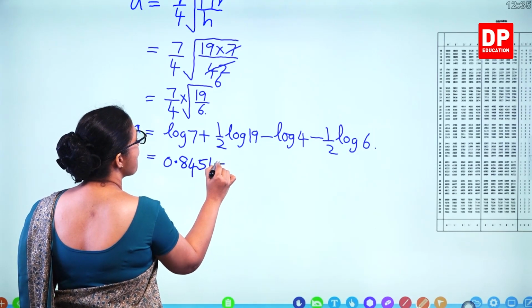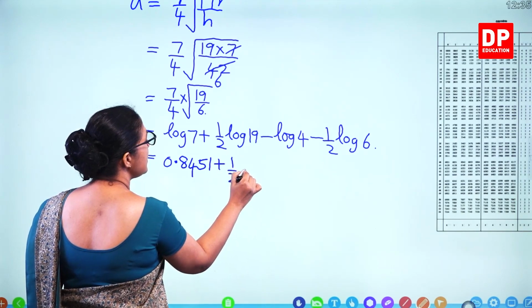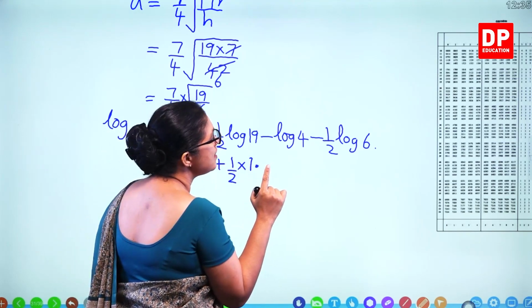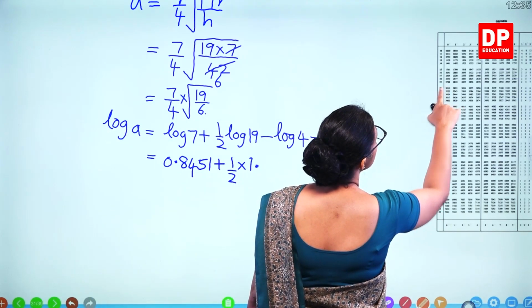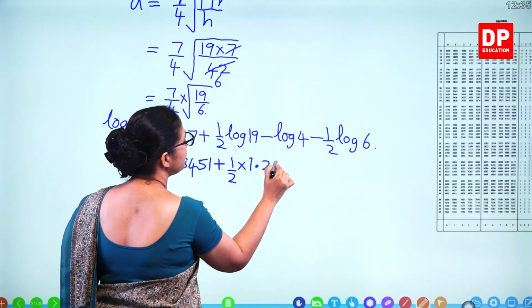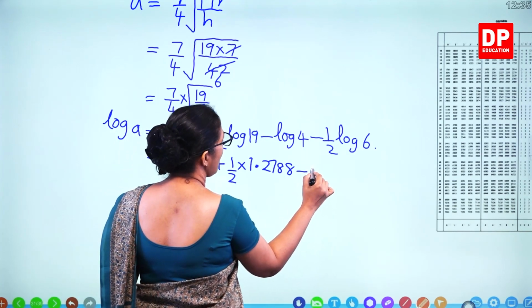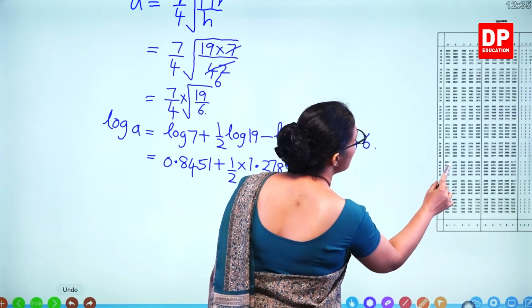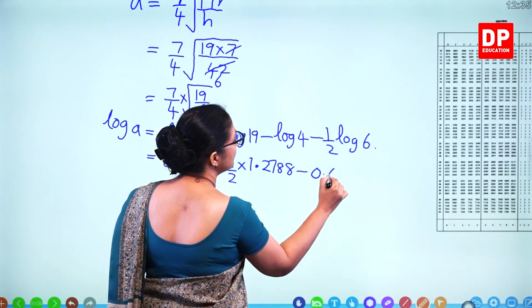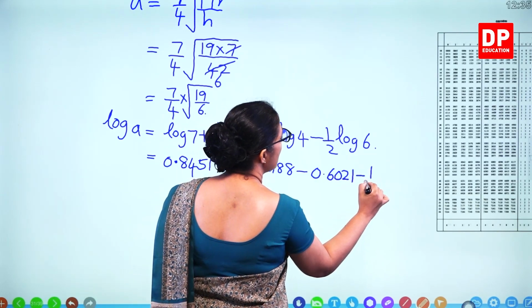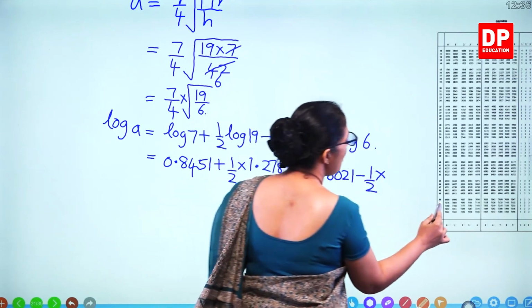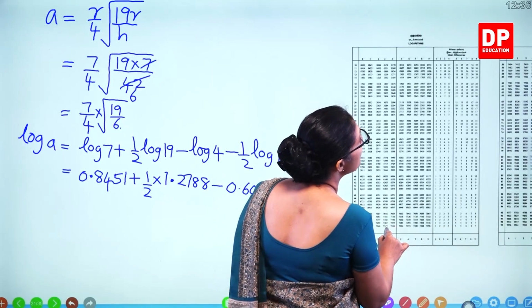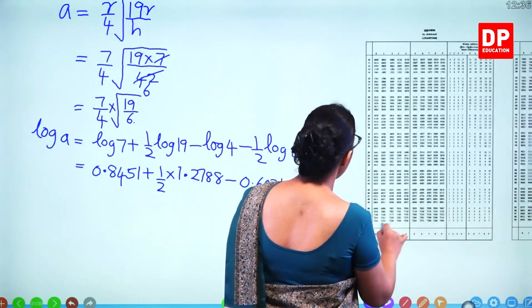Half log 19, that's 1 point something. 19, 0, 2788. Then log 6: 60, 0, other table, 60, 0 is 7782.